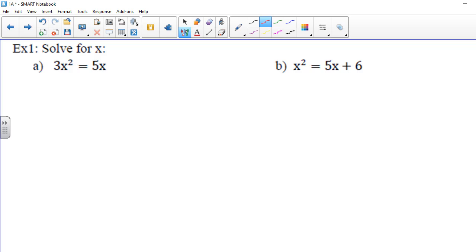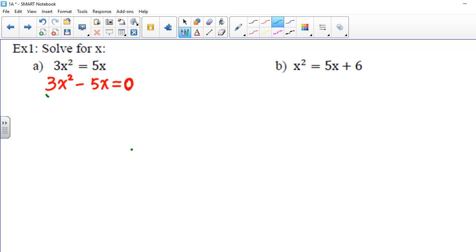Therefore, we need to move all the terms to one side and leave the other side to be 0. So we keep 3x squared on the left side. We move 5x. Don't forget to change the sign when you move 5x to the left side. Therefore, we get 3x squared minus 5x equals 0.